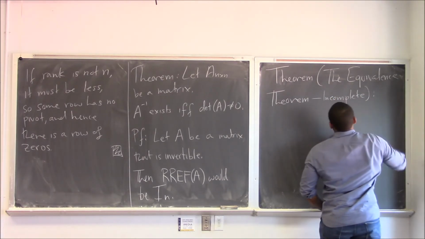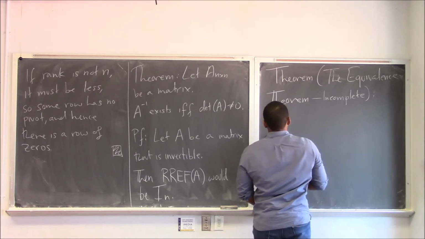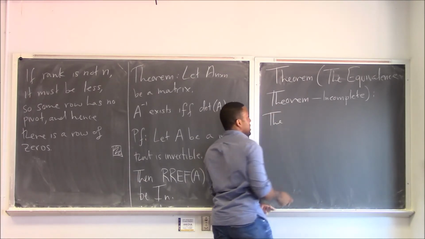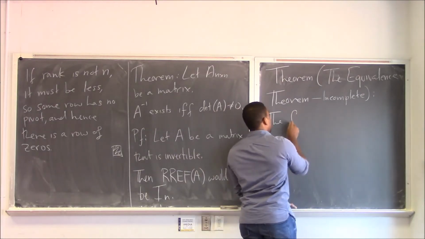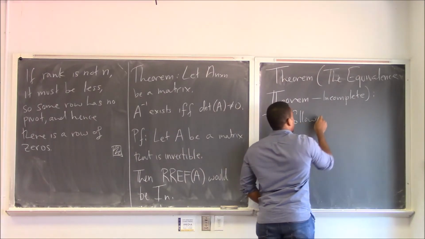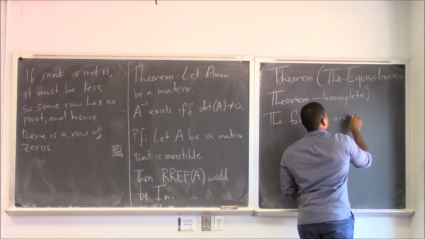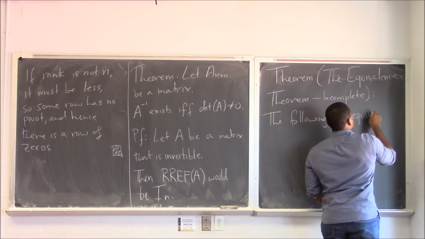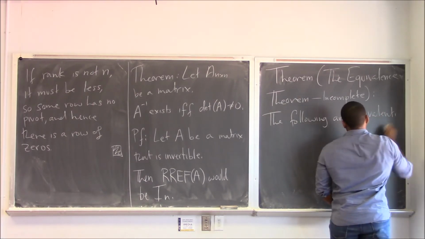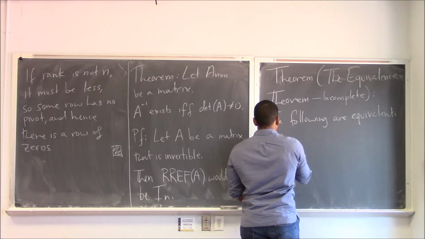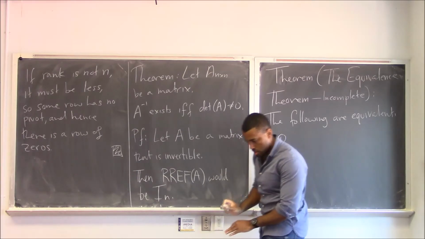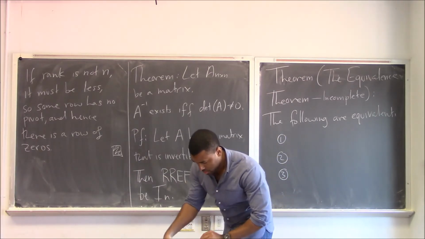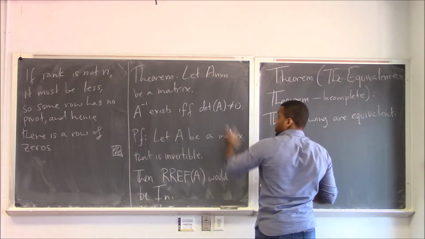But so far we can say some things. It gets its name because it's an equivalence statement. It says the following are equivalent. So far we're going to have 4 things in this statement, which is going to allow me to prove this.